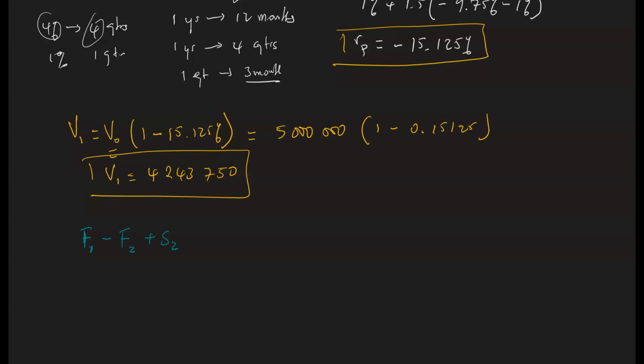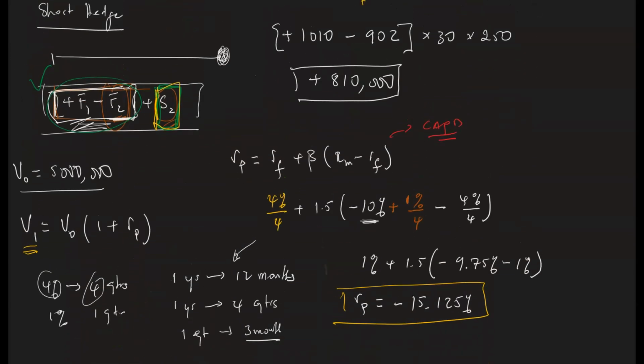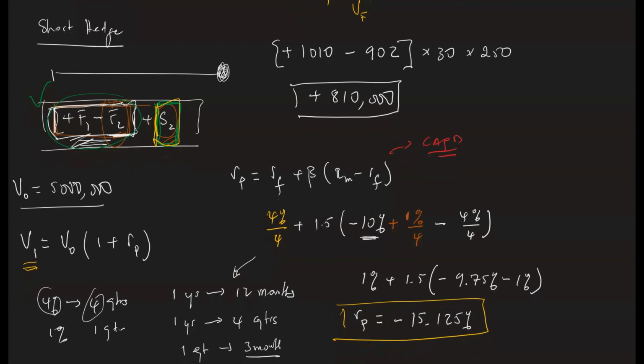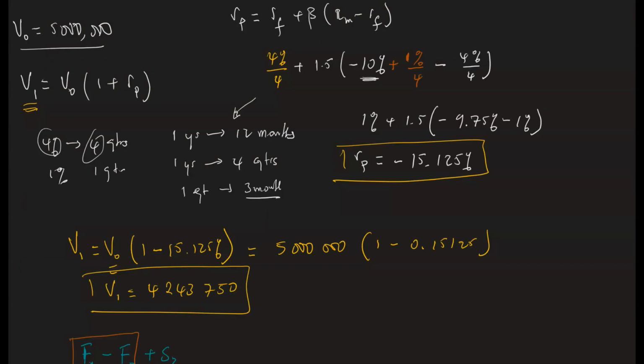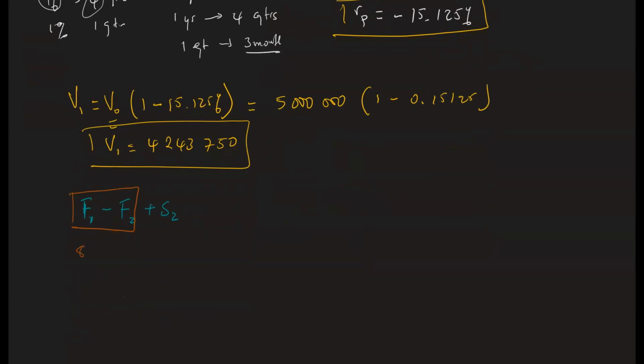And we found out earlier that F1 minus F2 turns out to be 810,000. That was F1 minus F2 for one futures, multiplied by 30 for the number of contracts, multiplied by 250 for the size of the contract. That gives us 810,000.